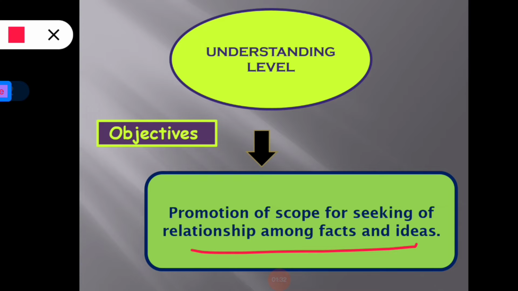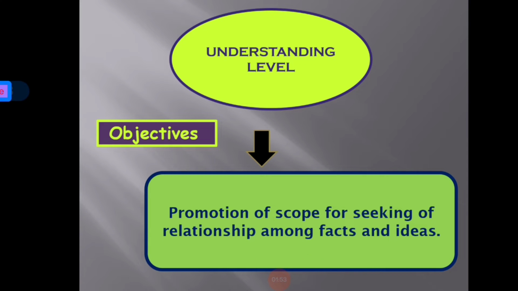So that's why it helps to seek the relationship among facts and ideas, and it emphasizes the mastery of the subject by developing understanding and insight. So now move on to the next.